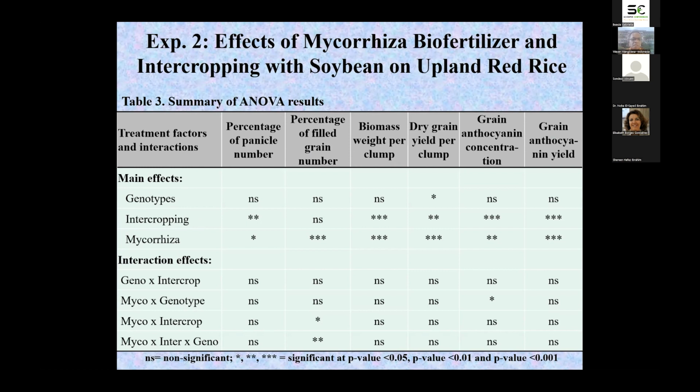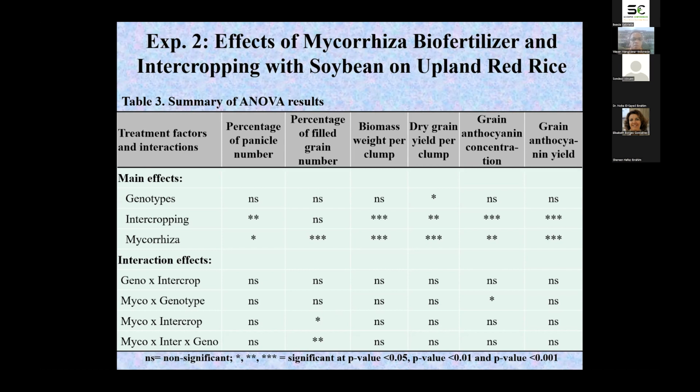We can see here mycorrhiza increases anthocyanin concentration, grain yield, and so on. Highly significant. And also there are some interactions between mycorrhiza and intercropping. We will see about that later.